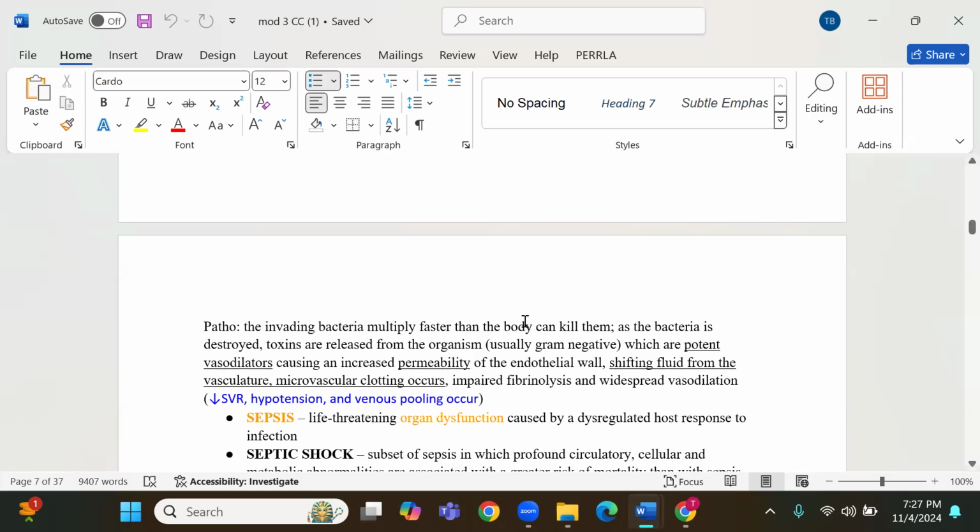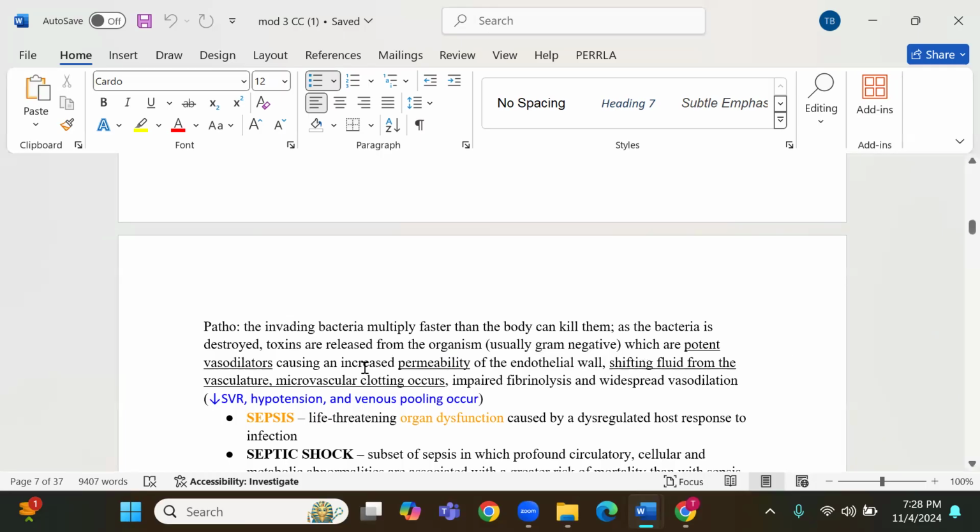As the bacteria is destroyed, toxins are released from the organism, which are usually gram negative, which are pretty powerful and potent vasodilators. So septic shock is massive vasodilation, but not because of histamine. It's because of a massive amount of bacteria forming in the body that the body can't work fast enough to kill.